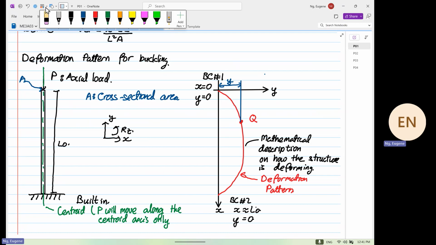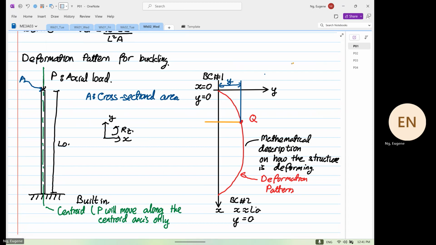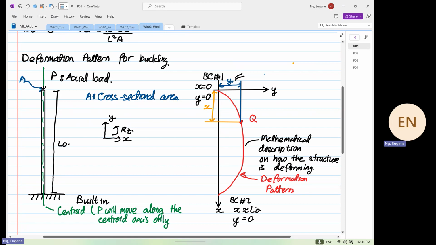And then there's another specific distance over here, and this is our x. So x is basically telling us along the beam at a specific distance, what is y? Y over here represents our deflection.